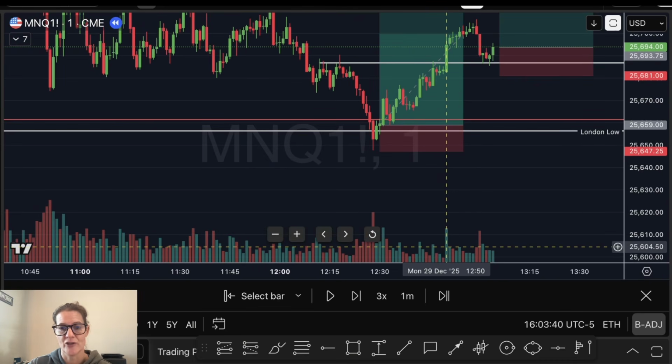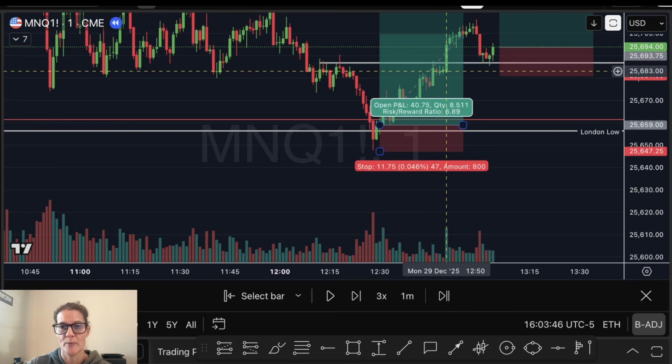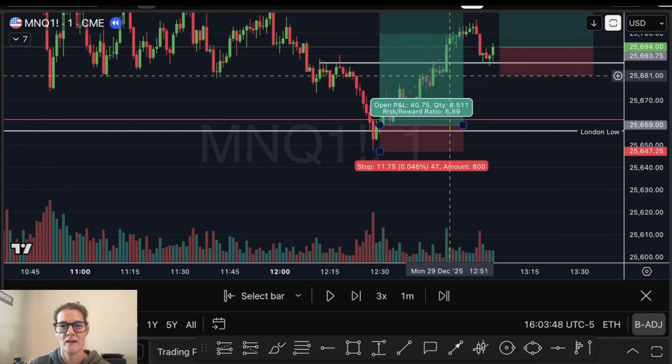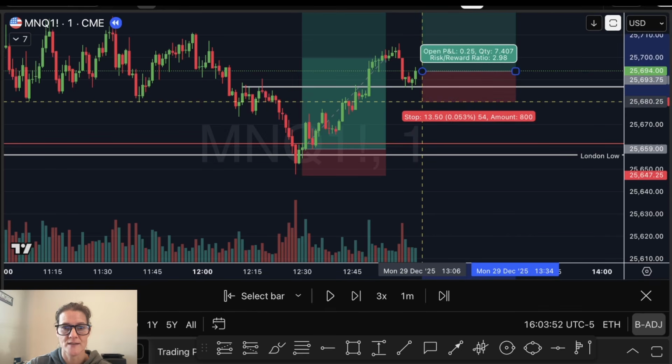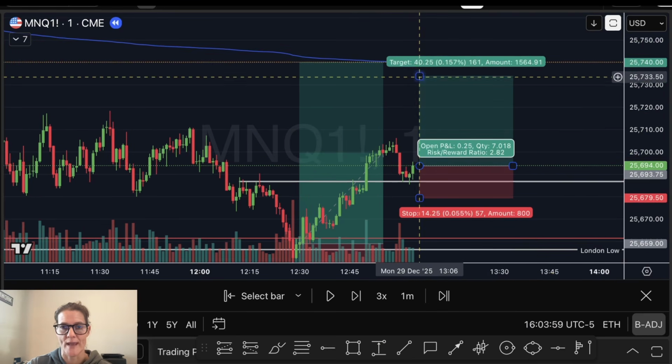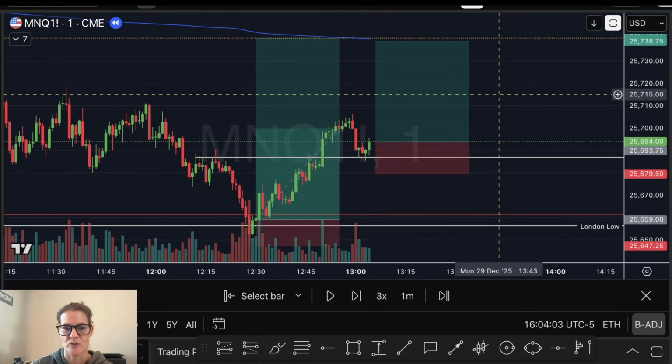This green candle, you can see is quite a bit bigger. So there was a lot of interest at this level and a little bit of accumulation right there. So this is probably where I'm going to put my stop loss, give it a little bit of room. So that is where my stop loss is going to be. And I'm going to aim for that same level at VWAP and the midpoint of the initial balance.